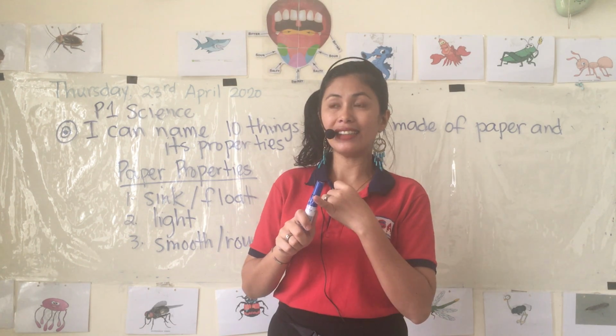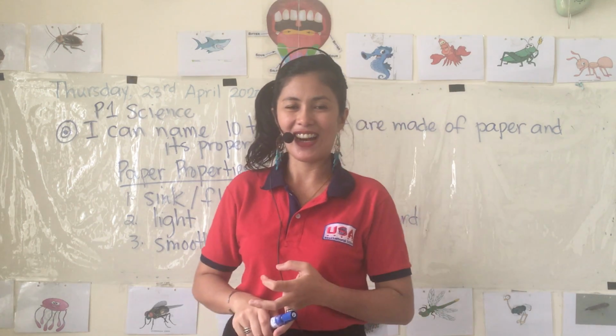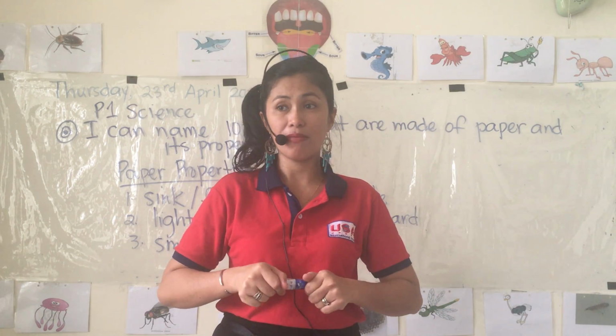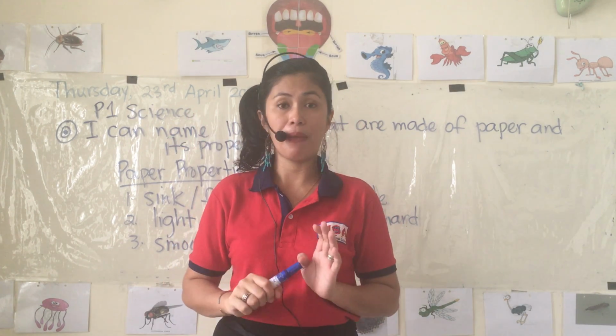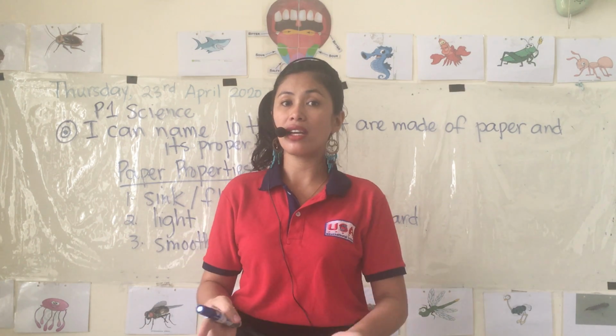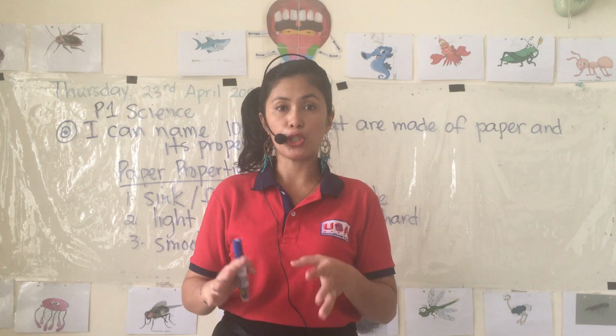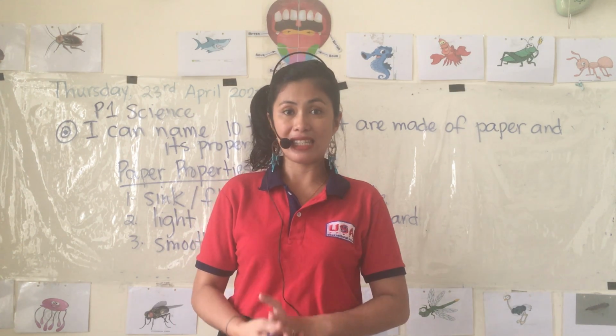Wood and, what was it again? Metal. All right, so for today you are going to name 10 things that are made of paper, and it's very easy because I already made a video about this. It's just for you to be ready for your task 2 assessment.